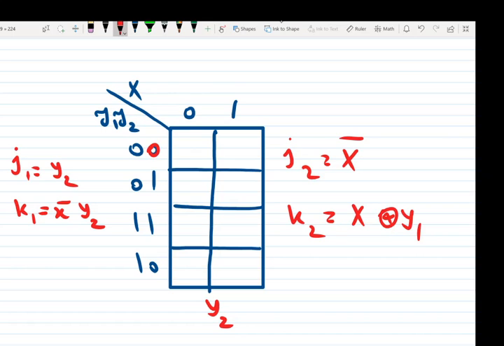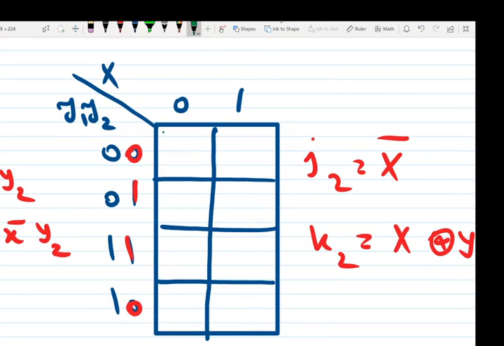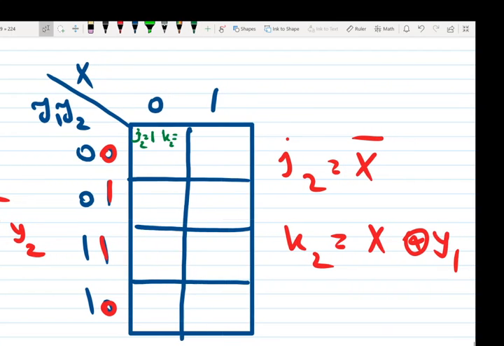So let's change the color for Y2. And the same story, J2, K2. J2 is X bar, X is 0, so X bar is 1. K2 is X XOR Y1. Y1 is 0, X is 0, so XOR is 0.